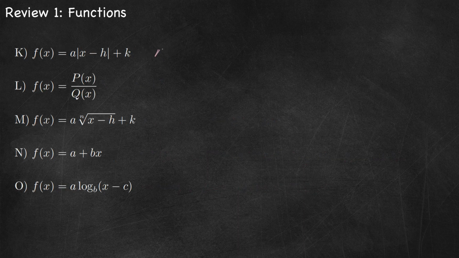Equation K, this is an absolute value function, with the vertex at the point h comma k. L, so here we have a fraction where p of x and q of x represent polynomial functions. So this one is called a rational function.